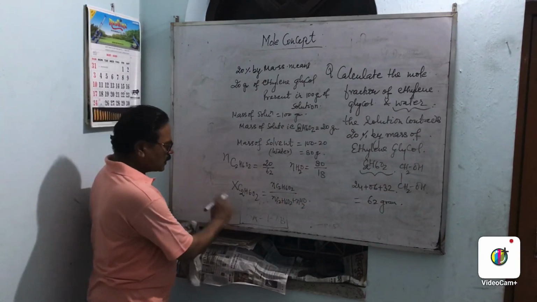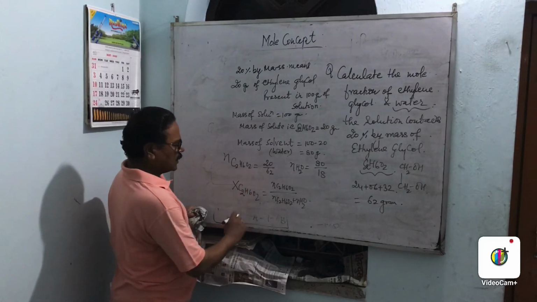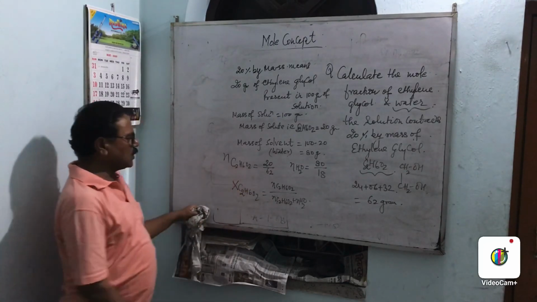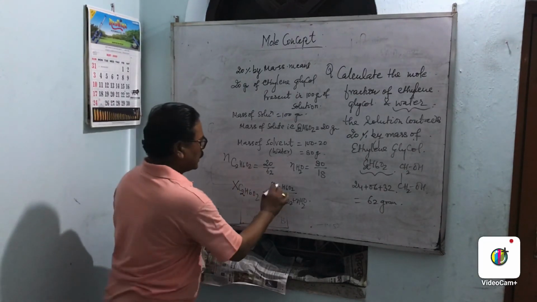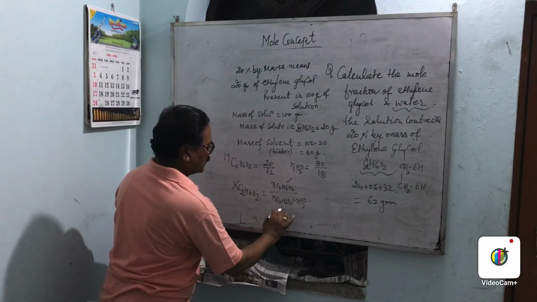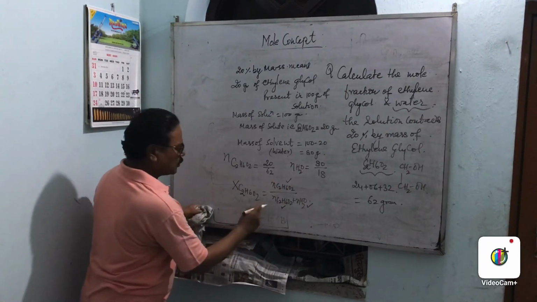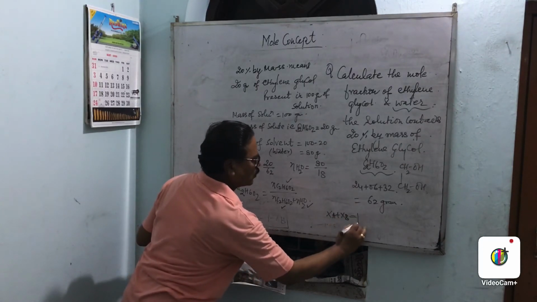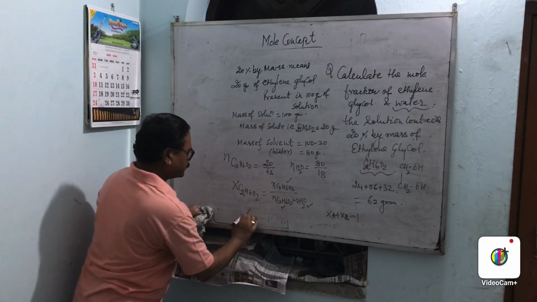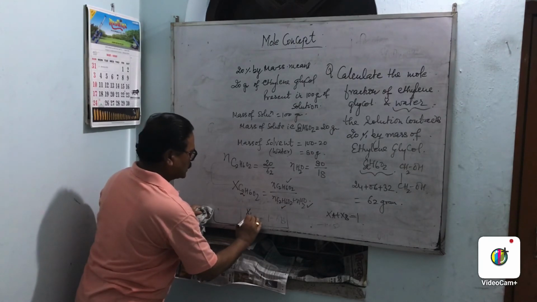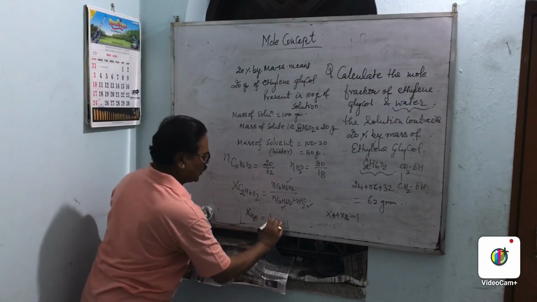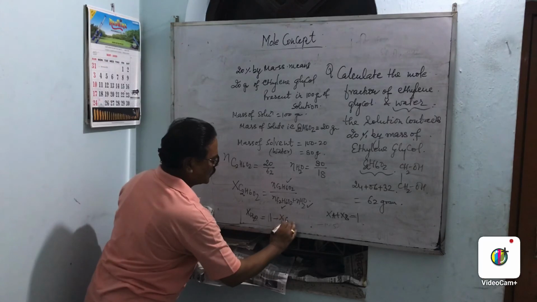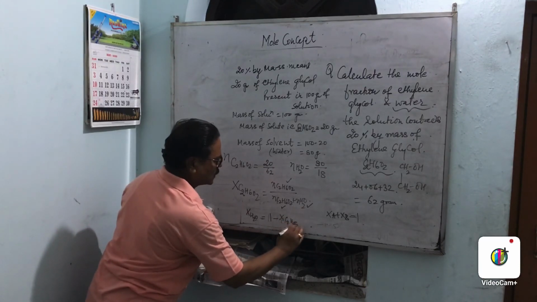Now we calculate the mole fraction. If we calculate the mole fraction of one component, the number of moles can be calculated, which we calculated and put here. Now there is a formula, XA plus XB is equal to 1. That is, the mole fraction of H2O is equal to 1 minus X of C2H6O2.